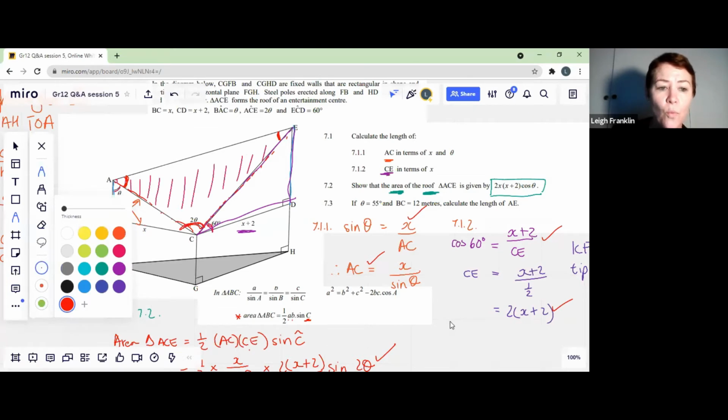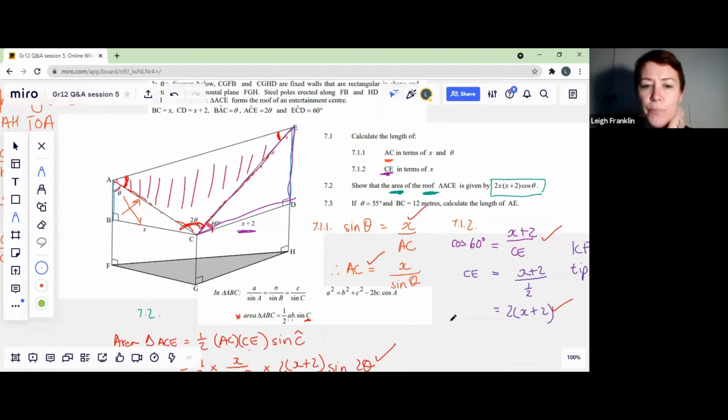When we are working with the cosine rule, it only works in two situations. Either you have to know the length of all three sides, so side, side, side, and then you can calculate an angle, or you can use it in a side, angle, side situation.